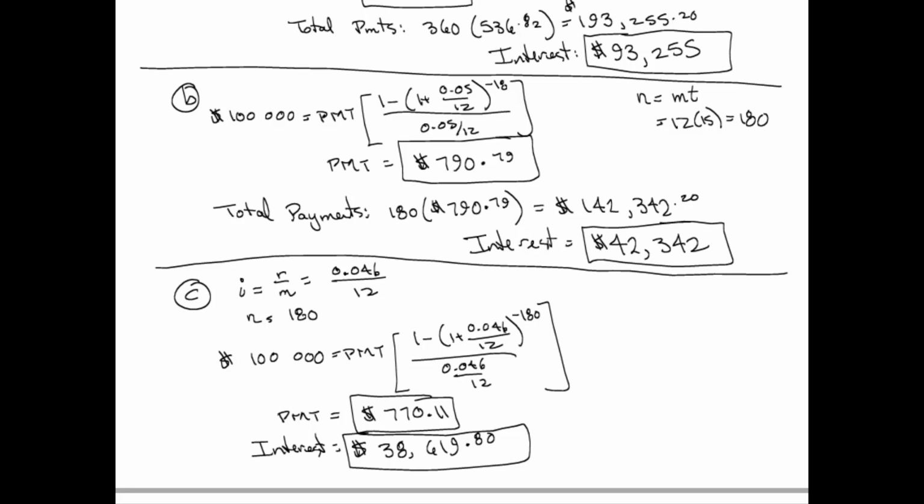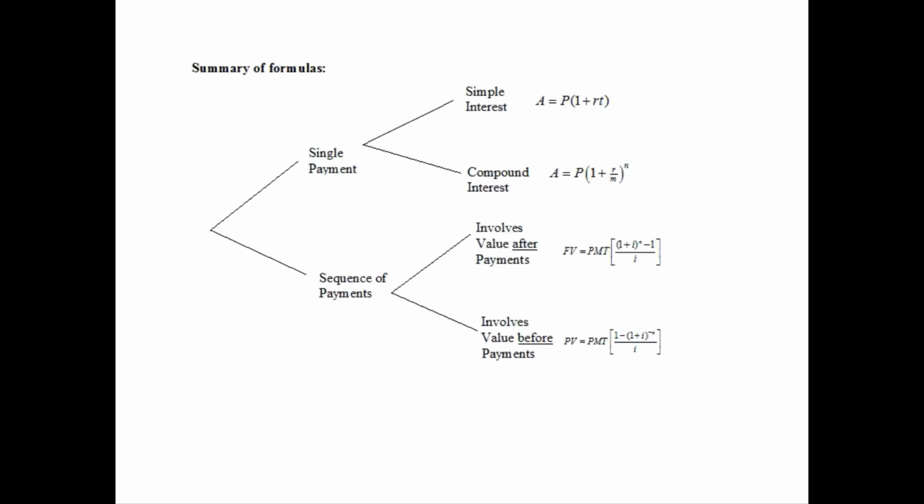Let's just show you one more thing, which is kind of a summary of all these formulas so that we can decide which one to use. First, you ask yourself, is there a single payment or a single lump sum, or are there periodic payments that occur over and over again? If you have periodic payments, that pushes you into one of your two annuity formulas.